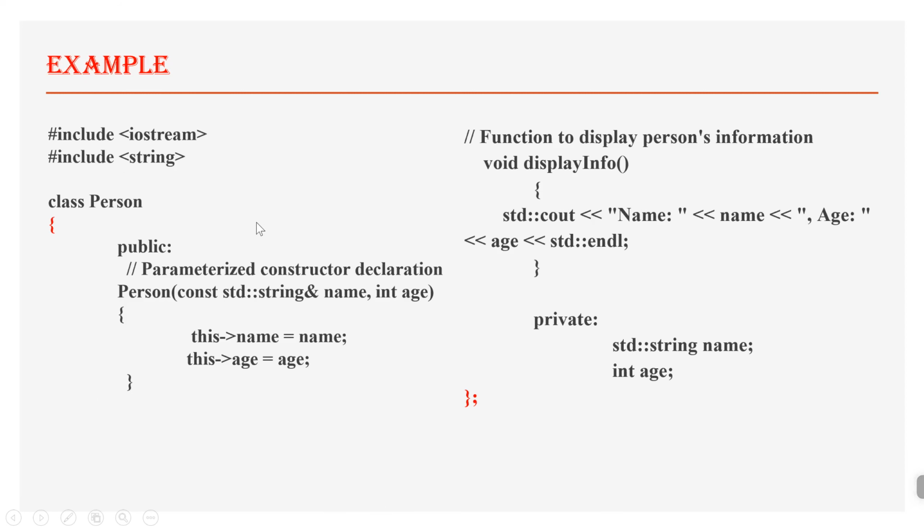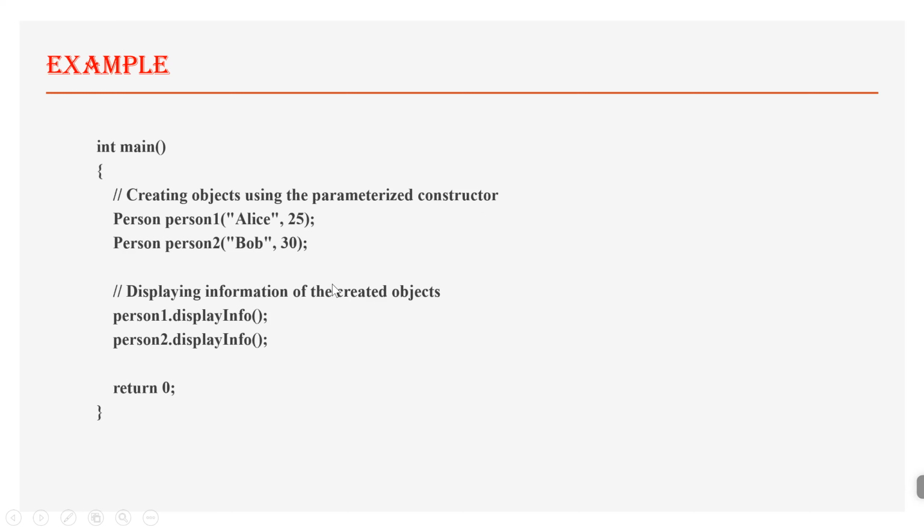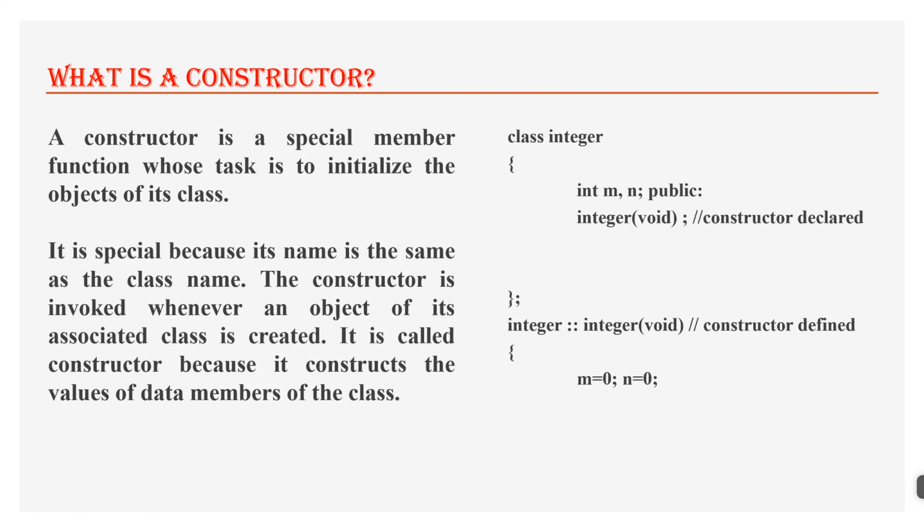This is what is called a parameterized constructor, wherein in the other case, I'm just declaring the object. See, in the previous case, I'm just declaring an object, say in of integer.